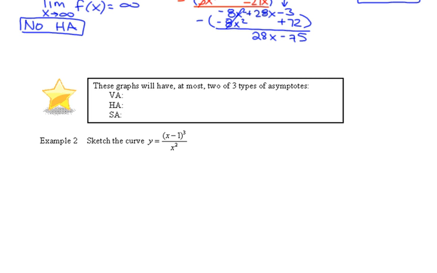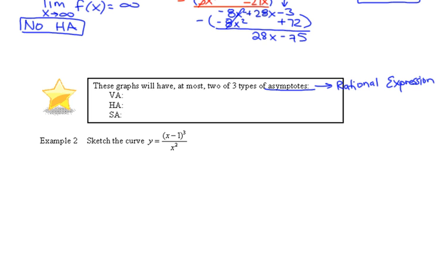When do we have a vertical asymptote? So we have a rational expression. In fact, all three of these happen. We have to have a rational expression in order to have an asymptote. So what's a rational expression?